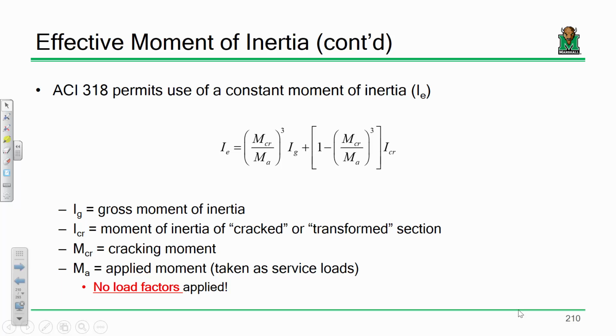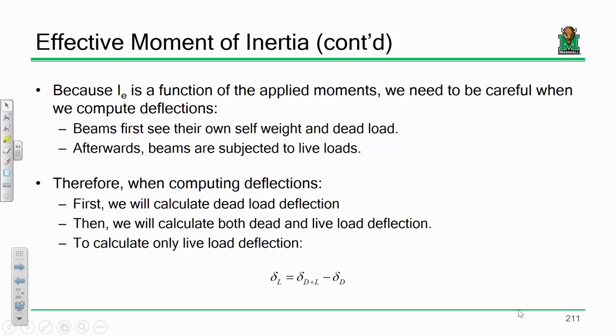That's why you cannot compute a live load deflection directly, because the beam never experiences just the live load. It experiences the dead load, and then the dead load plus the live load. So if you want that component of live load deflection, you have to compute the dead load deflection, then compute the deflection due to the dead load plus the live load, and take the difference between the two. So let's say this causes 0.245 inches, and the dead plus the live causes, say, 0.7, then the live load deflection is the difference between the two.